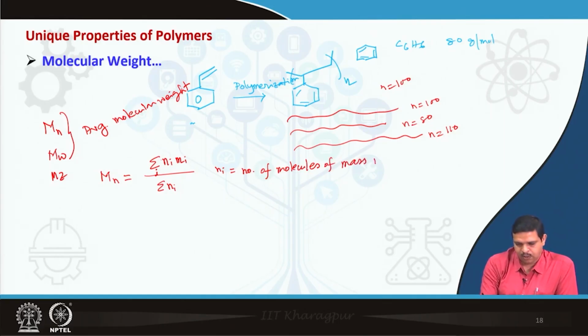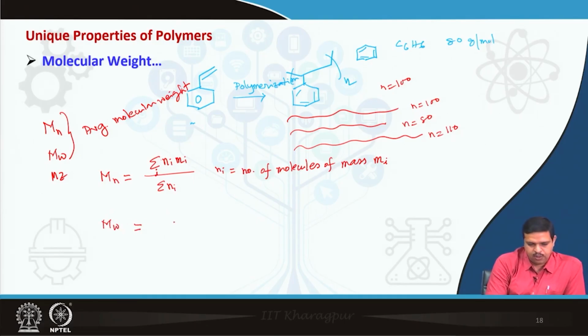What is Wi? Wi is the weight fraction, related to the total number of molecules.